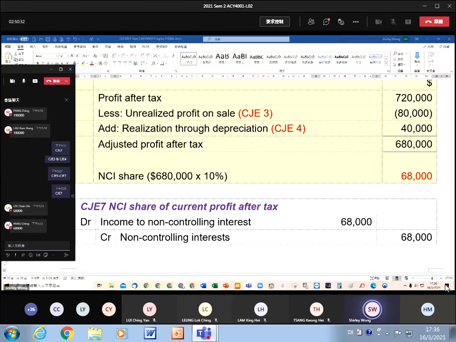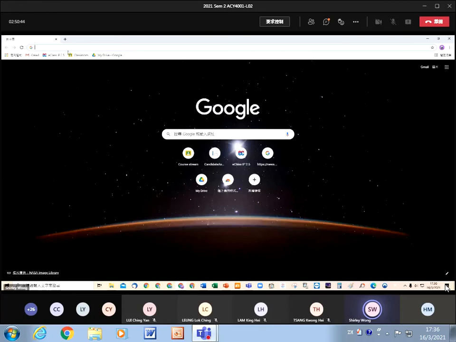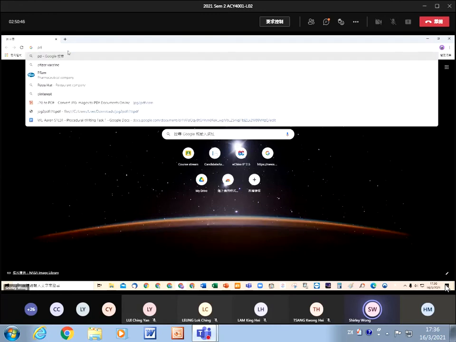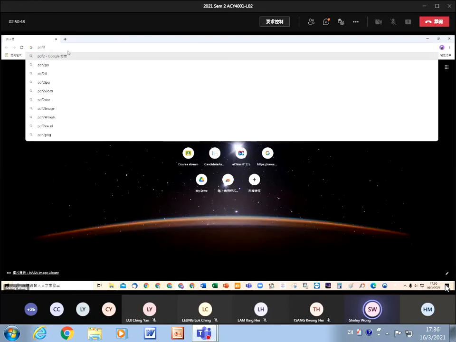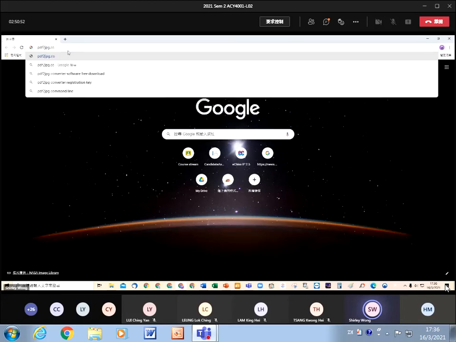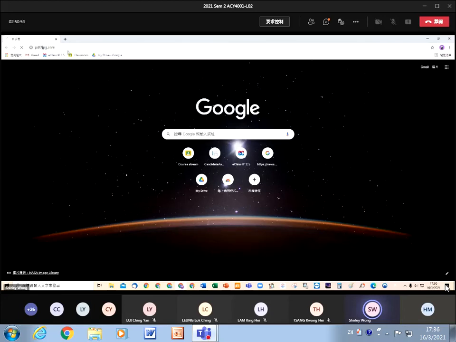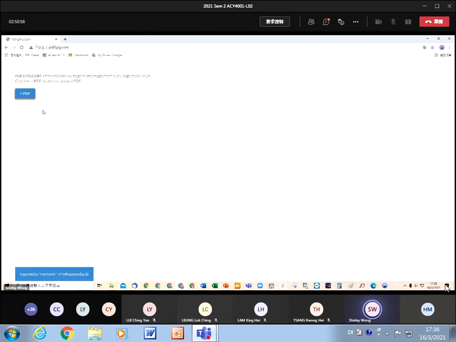I forget whether I have taught you how to convert your JPEG file into PDF or not. So let me demonstrate one more time. You go to Google and type JPG to PDF, and you can come to a website that helps you convert the JPEG to PDF.